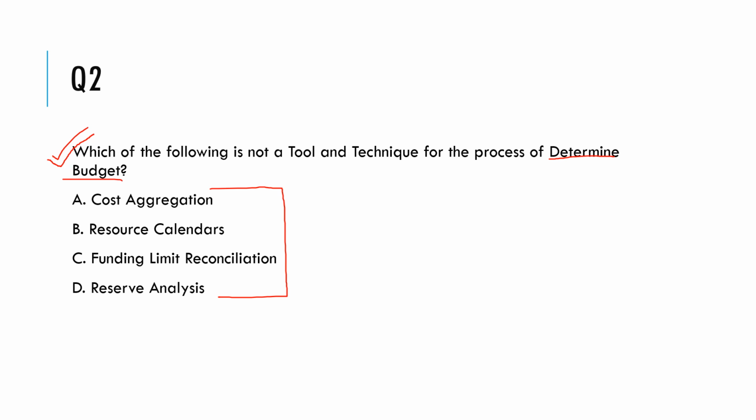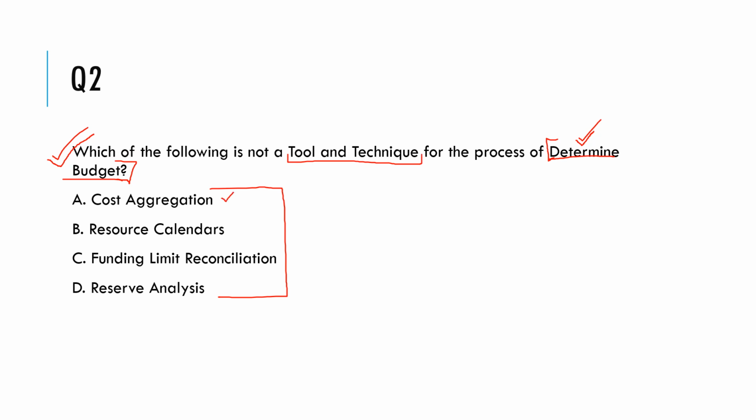But if you don't know the ITTO, but you do know what the processes do, right? You understand the processes, you understand the flow of project management, then you'll realize that determine budget is a process where you are coming up with the budget. What should be the tools and techniques to be used to come up with a budget?